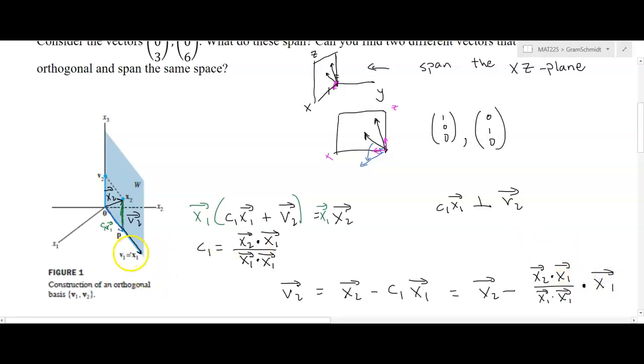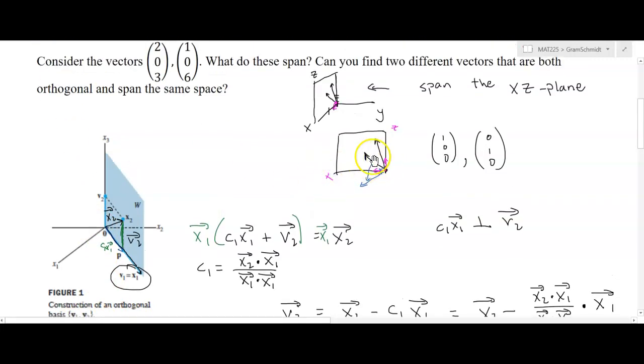Now the x1 vector, I'm going to leave that untouched. So this is where v1 comes in. So v1, when we're using the v's, those are the new vectors as part of our basis that is now orthogonal. So we said that we don't have to rotate both of the vectors.